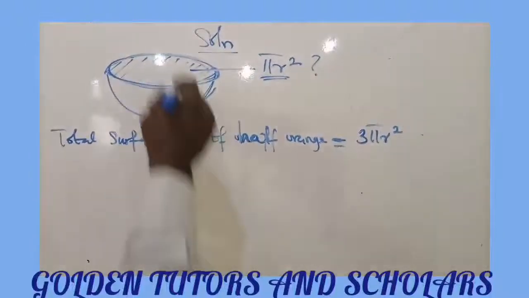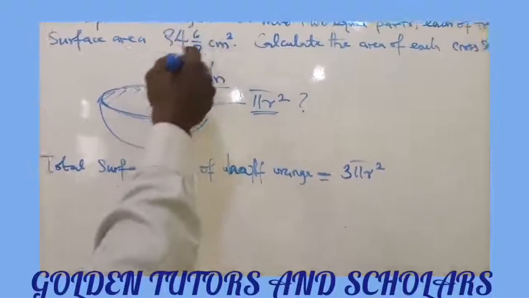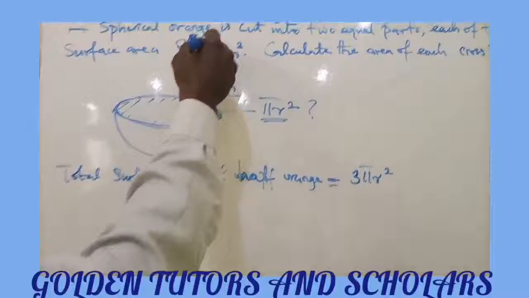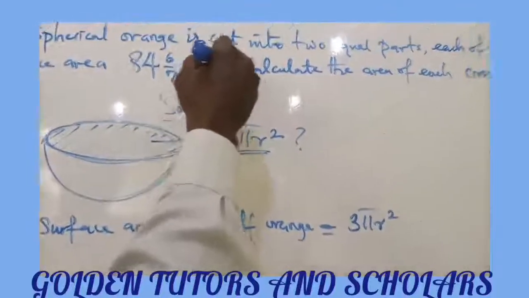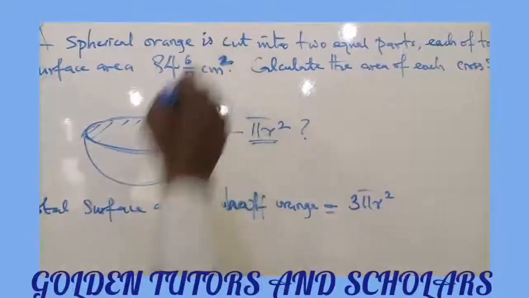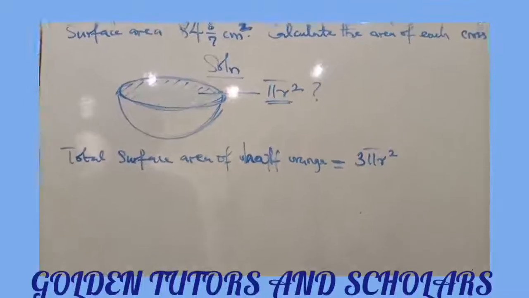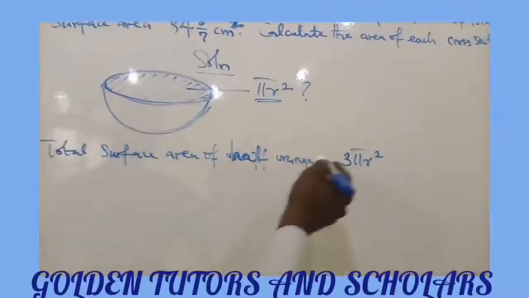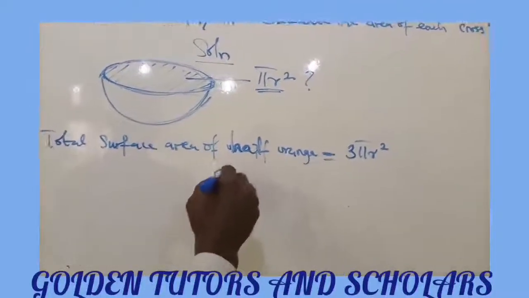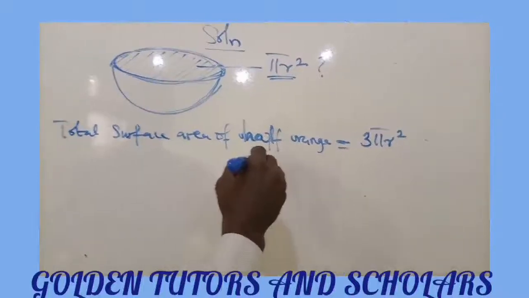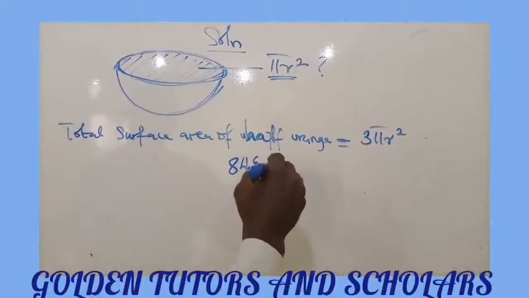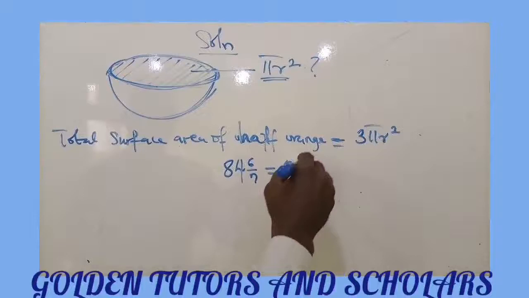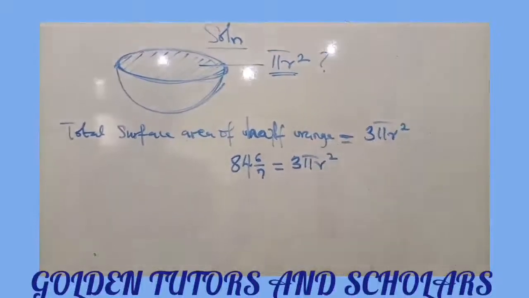And we are told that this total surface area is 84 6/7 centimeters squared. So if we put the total surface area here, it means that 84 6/7 is equal to 3 pi r squared.